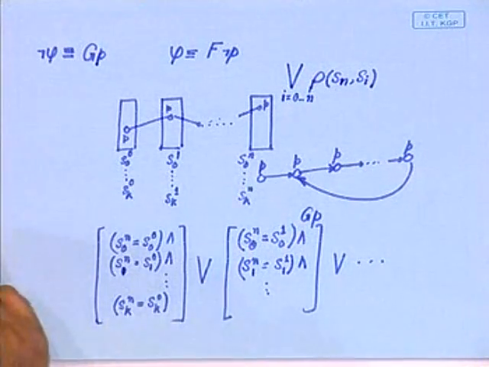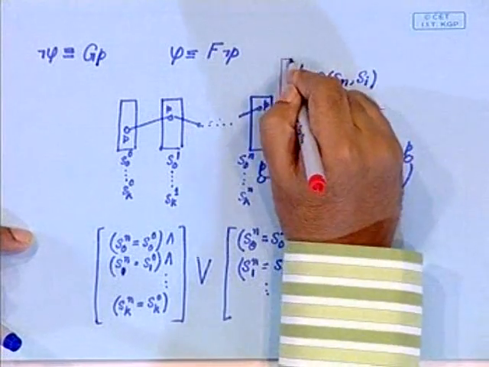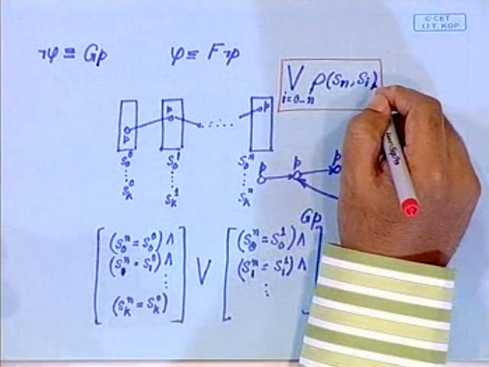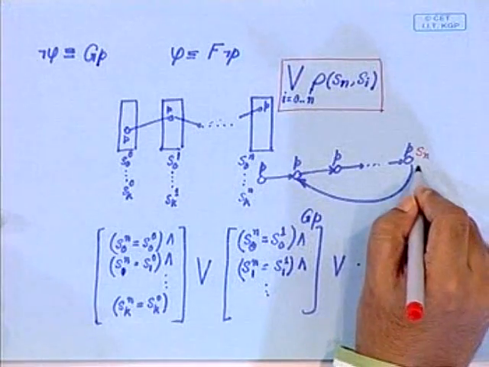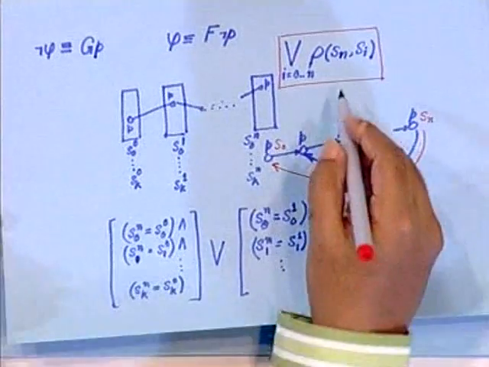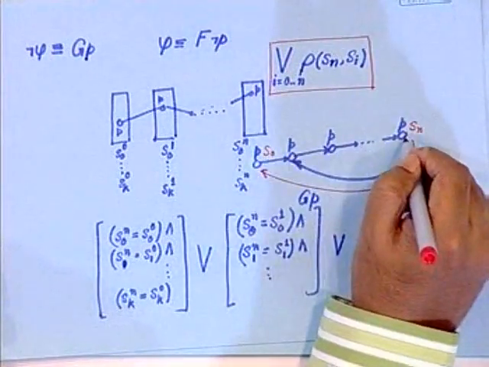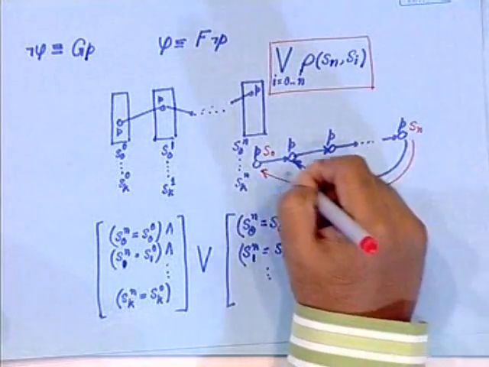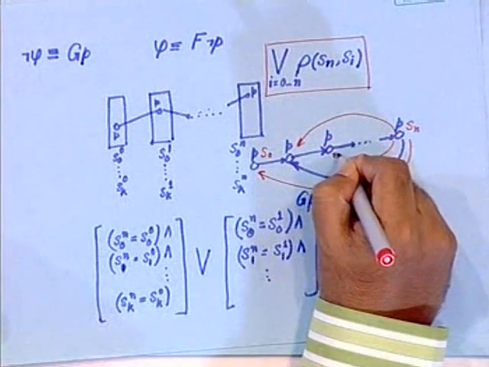Now let us try to understand what this means. This means if rho Sn S0 holds, then if this is my Sn, there is a transition from here to S0. So instead of checking whether this is equal to this, I am checking whether there is a transition from this to this, right. So a transition from this to this, or from this to this, or from this to this.